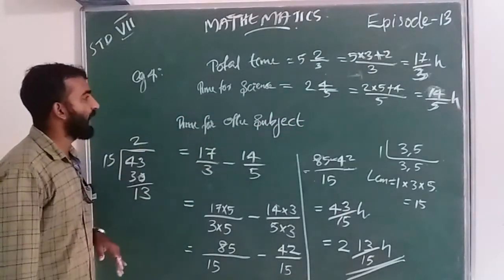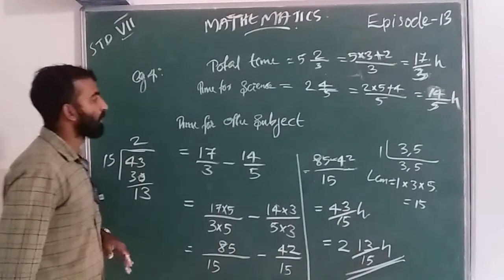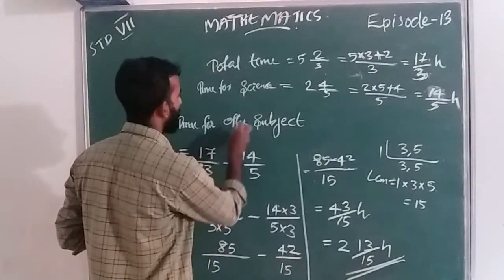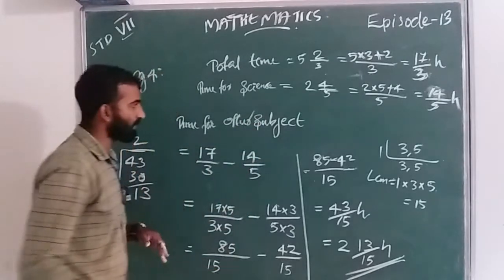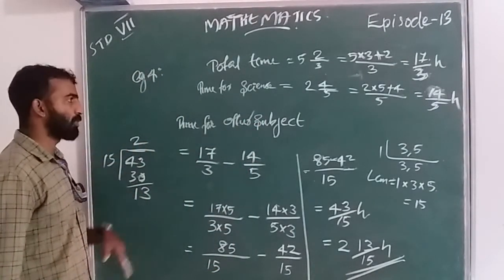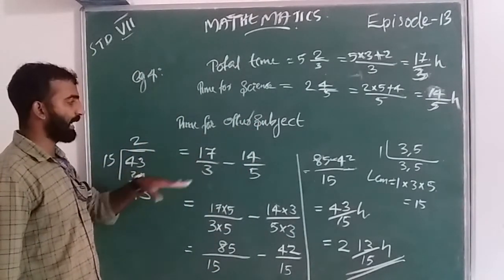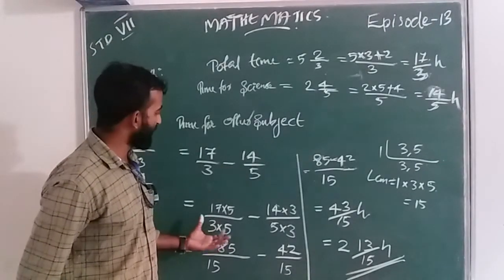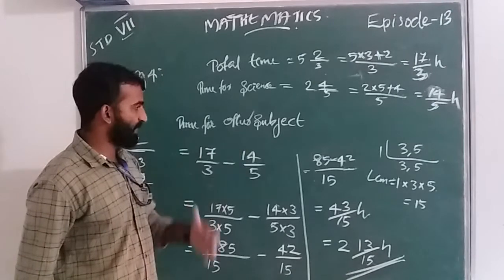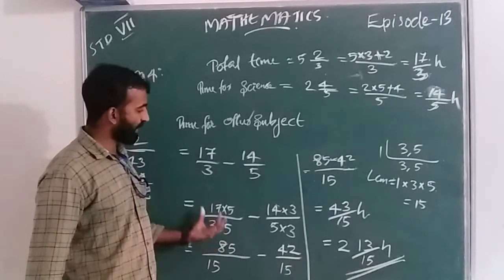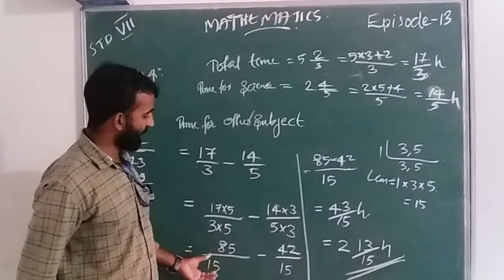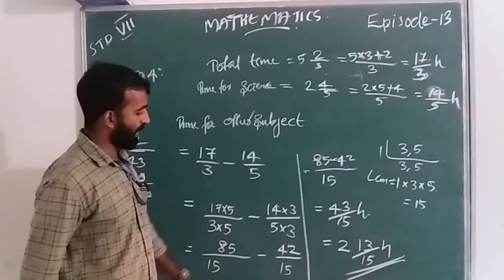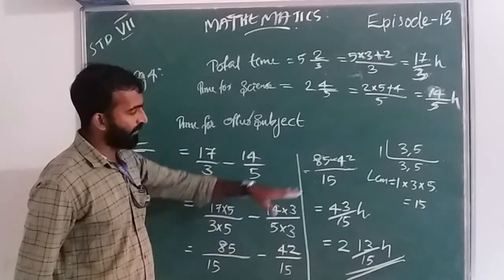And the time for the other subject is equal to 17 by 3 minus 14 by 5. Then we get the LCM as 15, so we convert the denominator to 15. Then we get 85 minus 42 by 15.